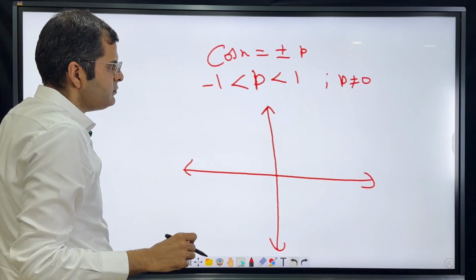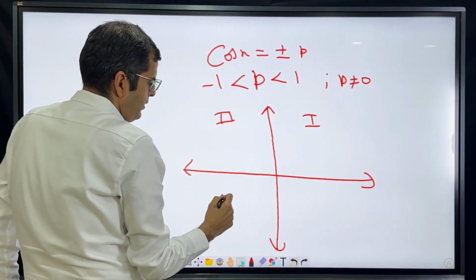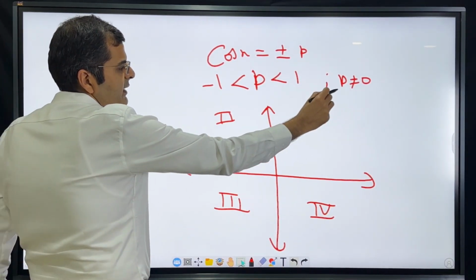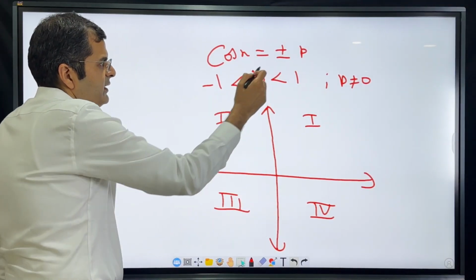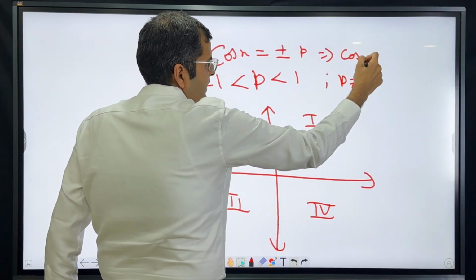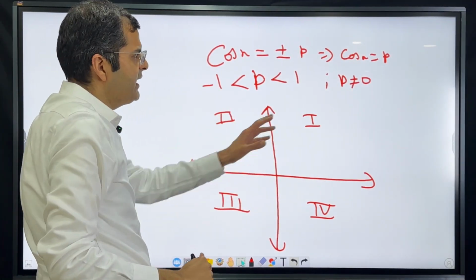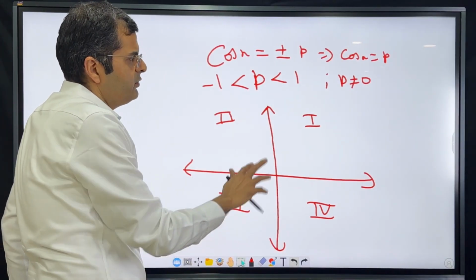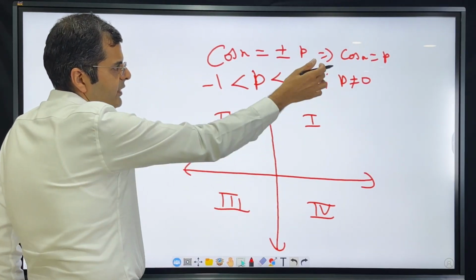This is the first quadrant, second quadrant, third quadrant, and fourth quadrant. P cannot be 0. If it is negative p, you will get the same values for x in terms of just negative. Quadrants might be different, but the values of x will be similar to what you get with p.